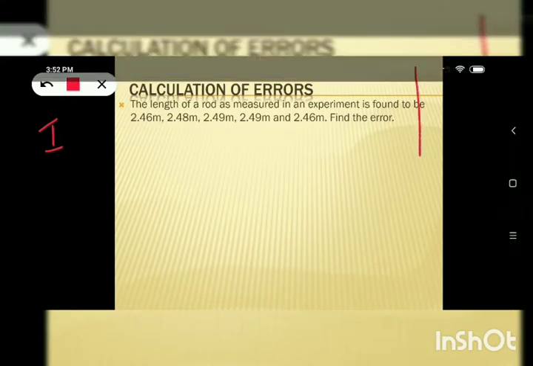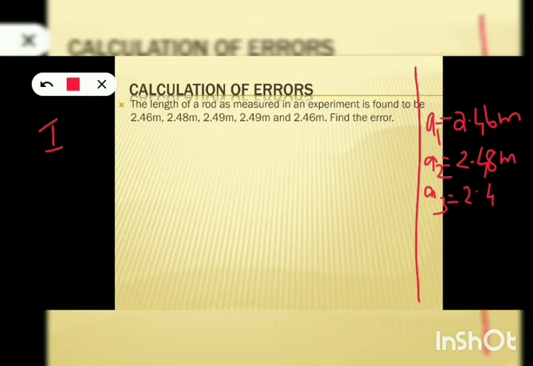The first step is to take the average, or arithmetic mean, of all these values. We can name these values A1, A2, A3 like that.